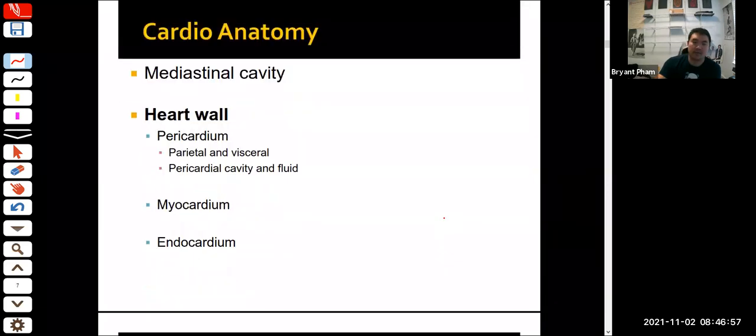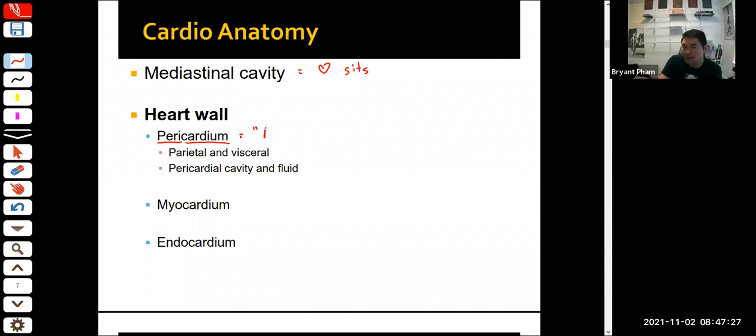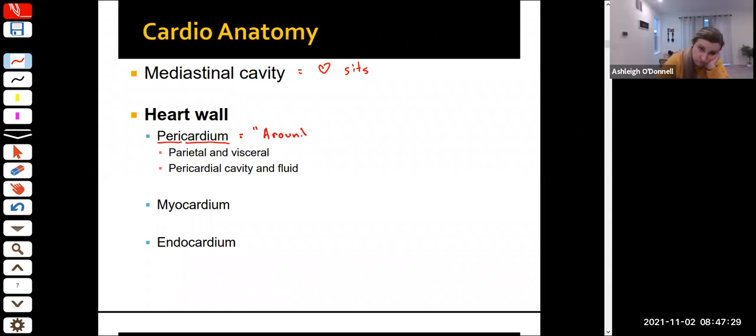All right. So a little bit about the different layers of the heart. The mediastinal cavity. This is just where the heart sits. Nothing too crazy there. The different layers, we're going to start with the pericardium. Does anyone know what peri means? Behind or around. Yeah.